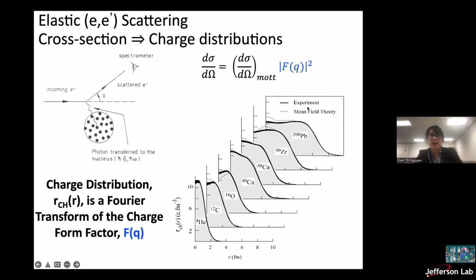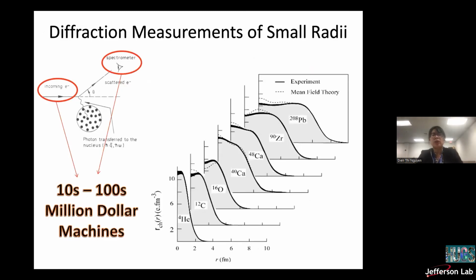You can see that the experiment and the theory calculation agree with each other very well. So elastic scattering really helps us measure the cross section, which helps us extract the charge distribution. Based on assumptions, theory calculation and experiment, we understand the charge distribution inside nuclei pretty well. That is what we can do with elastic scattering.